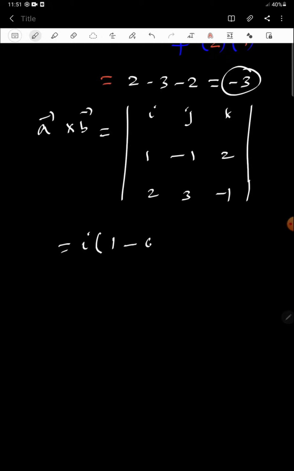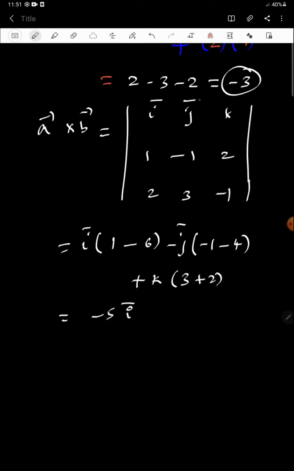Minus 2 into 3, that is 6. Minus j into minus 1 minus 4, plus k into 3 plus 2. So that is going to become the vector minus 5i, minus minus 5, that becomes plus 5j plus 5k.